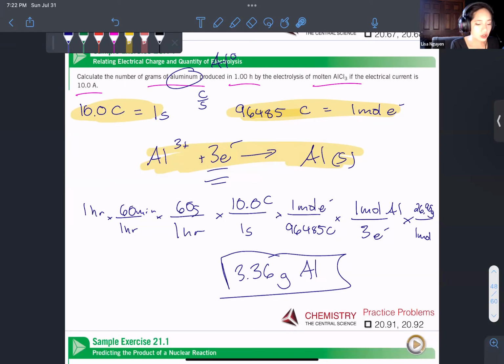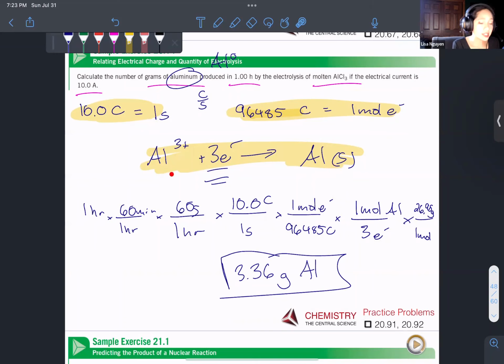And so in this question, I want you to tell me the amount of grams of aluminum that we produce in 1 hour by electrolysis of molten aluminum chloride at this current. So this aluminum chloride is Al3+ because it's ionic. So we need to give it 3 electrons in order to turn it into a solid.